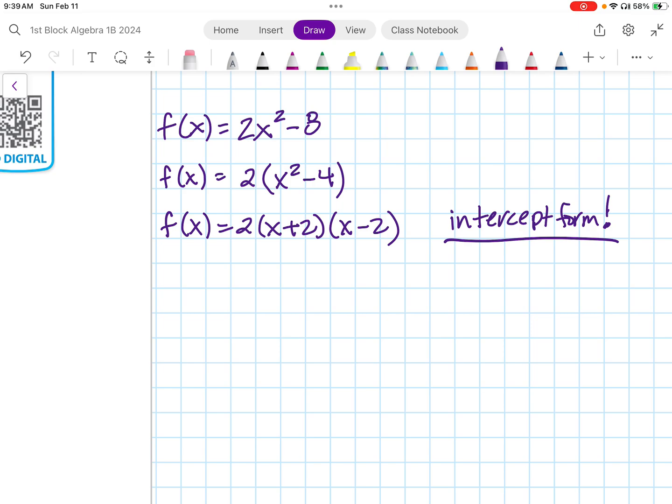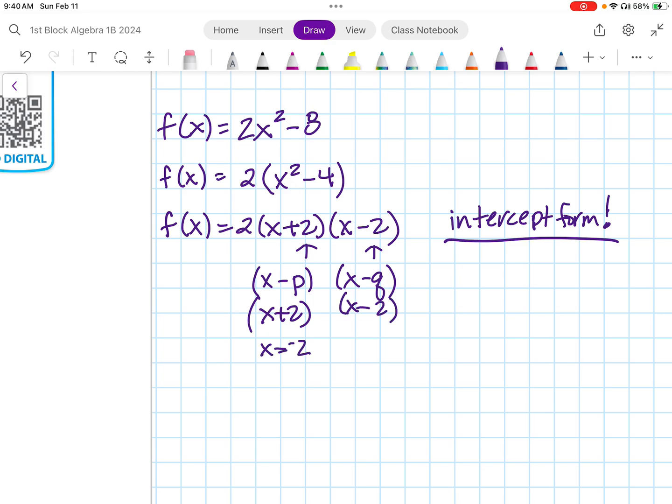So what do we know about intercept form? We know that these numbers are going to be our x-intercepts. But remember, it's x minus p and x minus q. So this says x plus 2, so that's really x minus negative 2.